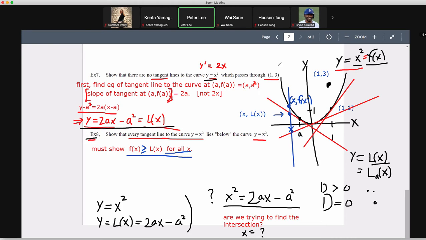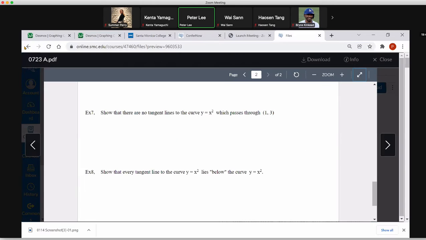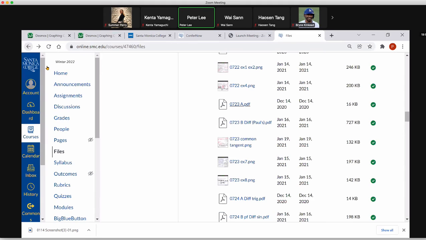So now I'm going to save this, and I'm going to clear this. And why do I clear this without solving that? Because let's say I just open up the file 0723A. Now if you look a few files down, there's a file called 0723 example 7.